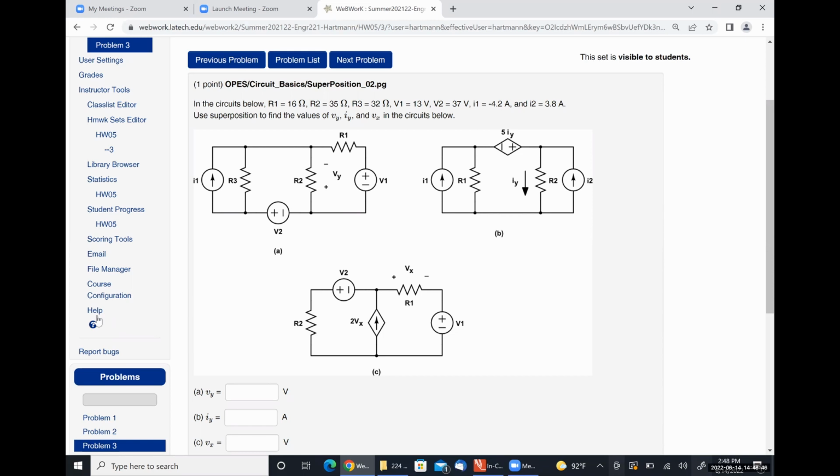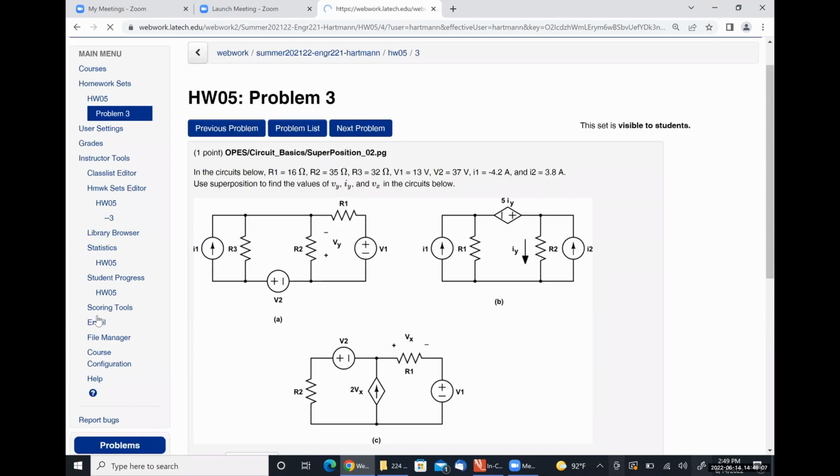It will actually be much easier than trying to force superposition to work for these particular circuits, okay? So B and C, again, I cannot emphasize this enough, they're not particularly good circuits for illustrating the usefulness of superposition.